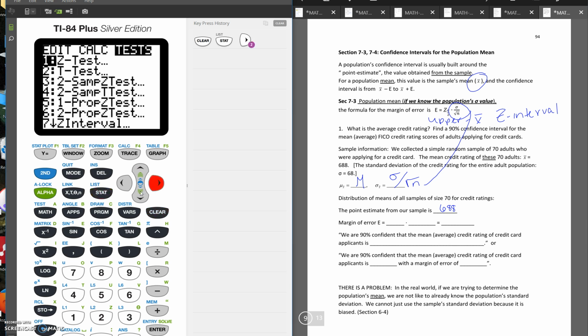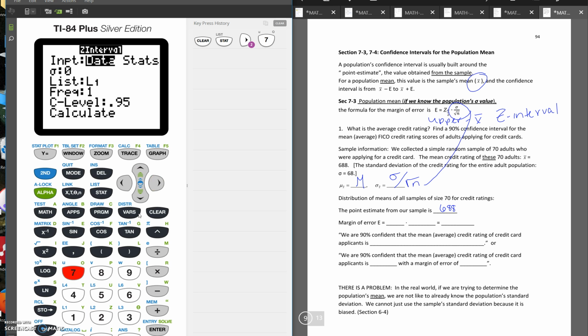Now to get our margin of error, we can actually do this on the calculator by going stat over to test and choosing z interval, which you can see is number 7. So we're going to leave it on data at the top, we want to go to stats. For sigma, we're going to put in the sigma they give us, so the 68.